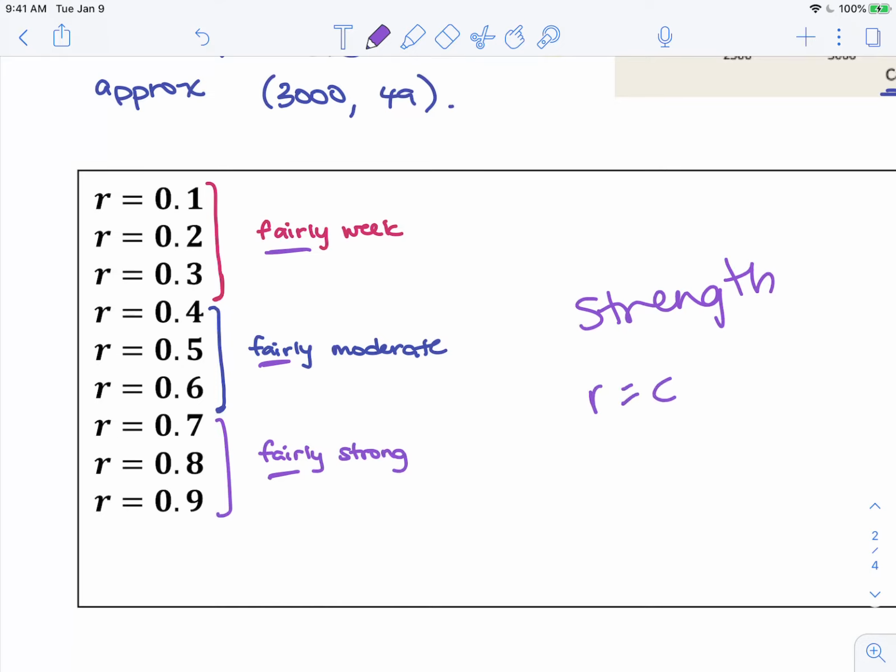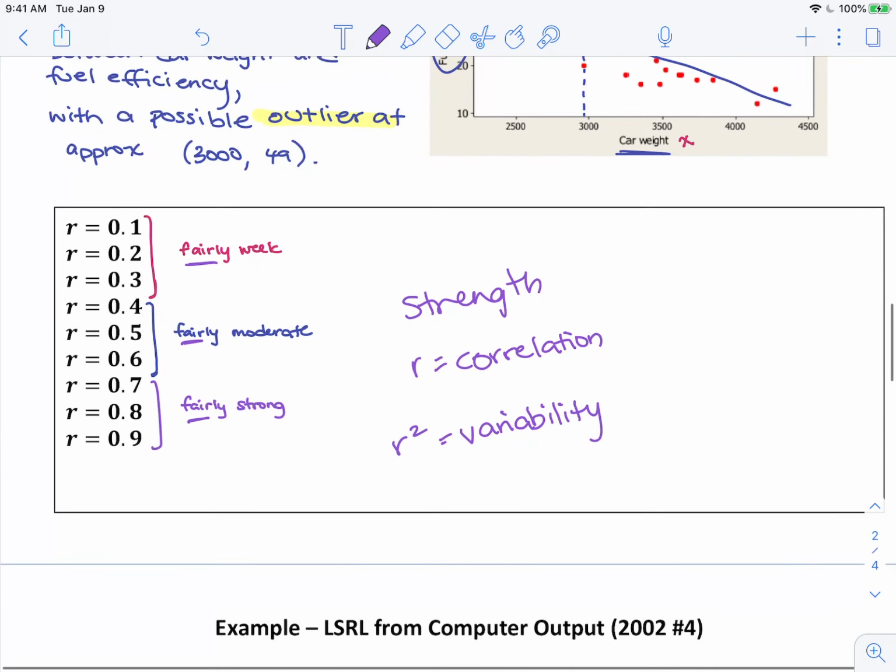Remember, R is correlation. And if you remember what R squared is, that's variability. Cool. So when we interpret R squared, I'm trying to think off the top of my head here, but I can't remember.